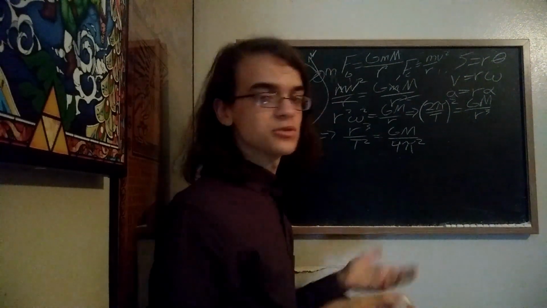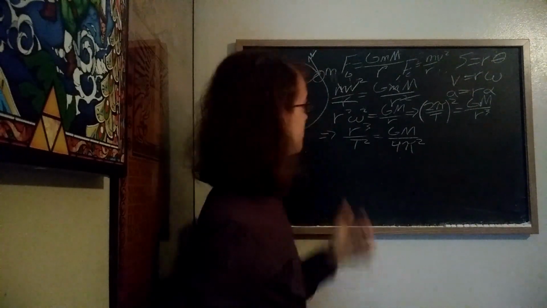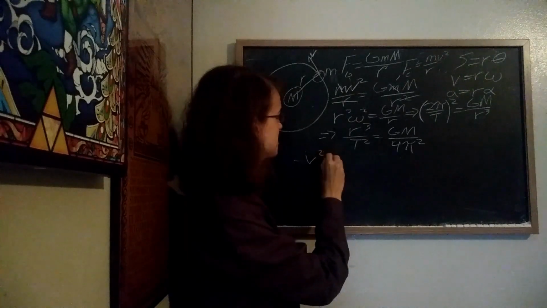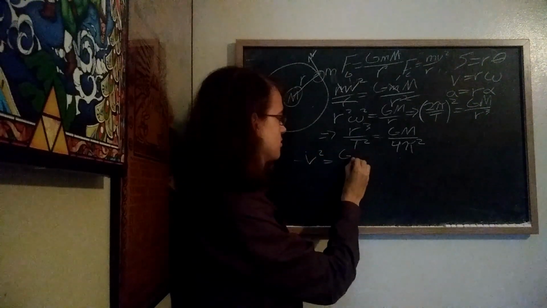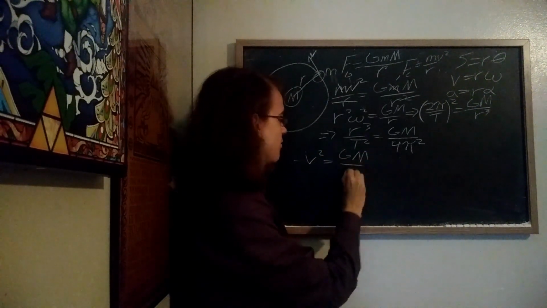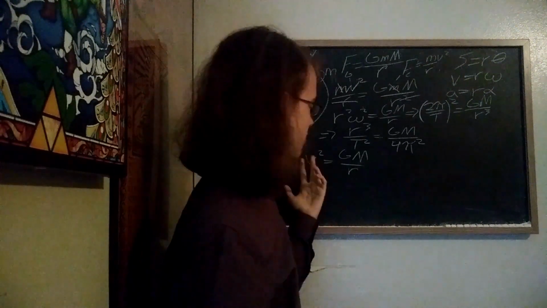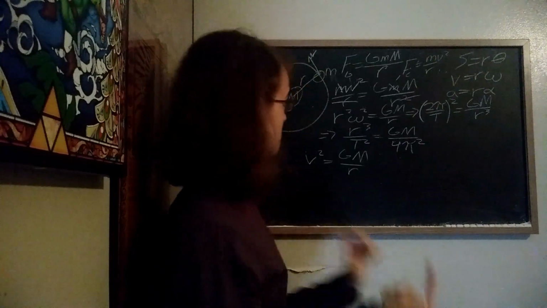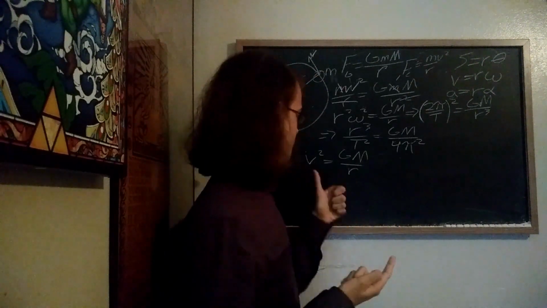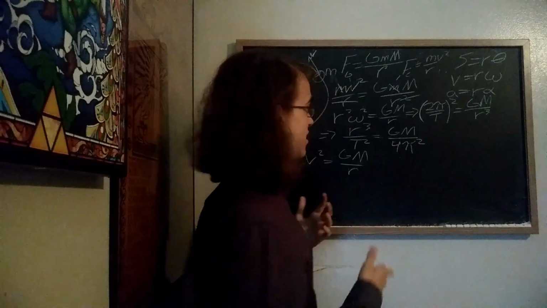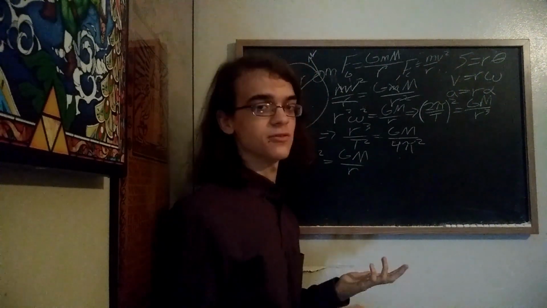And you can actually double check this result if you started again from this point. From this point we had that velocity squared is equal to GM over r. And since the linear velocity is constant because the force is acting perpendicular, this velocity is also equal to the average velocity, like our angular velocity was equal to the average angular velocity.